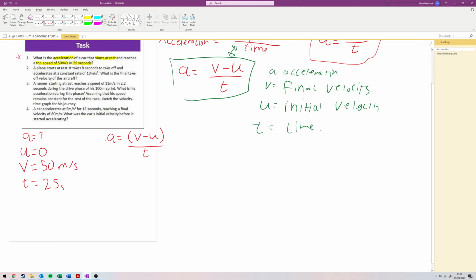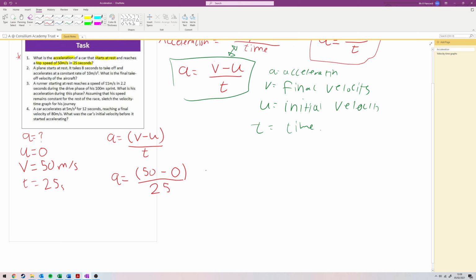Right, I'm assuming that you've paused it, you've had a little try, and that you've got your own answer. So let's put the numbers in. Well, A is still a question mark, so I'm just going to leave it as A. So A equals, open my brackets, V is 50, 0 is U. Now if something starts at rest or starts from stationary, it actually makes this equation a lot easier because the change in velocity, if it goes from 0 to 50, the change is just 50, divided by the time taken, which is 25 seconds.